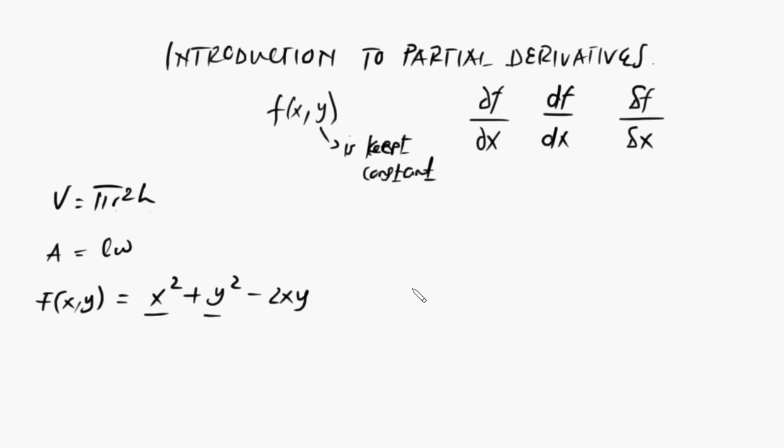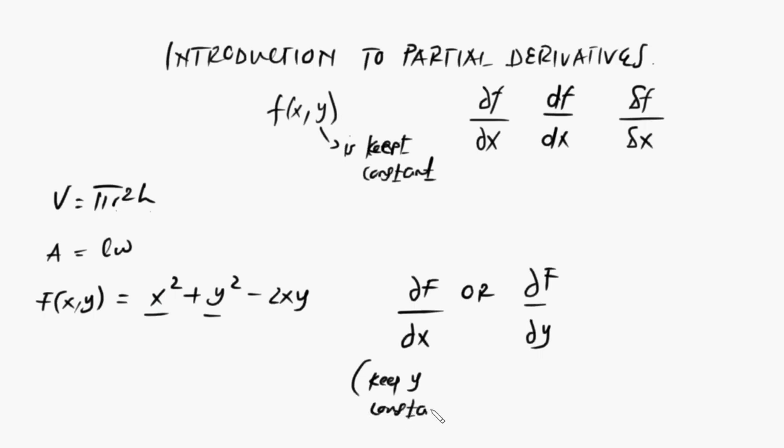So I can find the partial derivative labda of f with respect to x, au partial derivative of f with respect to y kwa equation hii, okay? So I mean nikitafuta partial derivative of f with respect to x, manake I keep y constant. Wakati nikitafuta partial derivative of f with respect to y, manake I keep x constant.